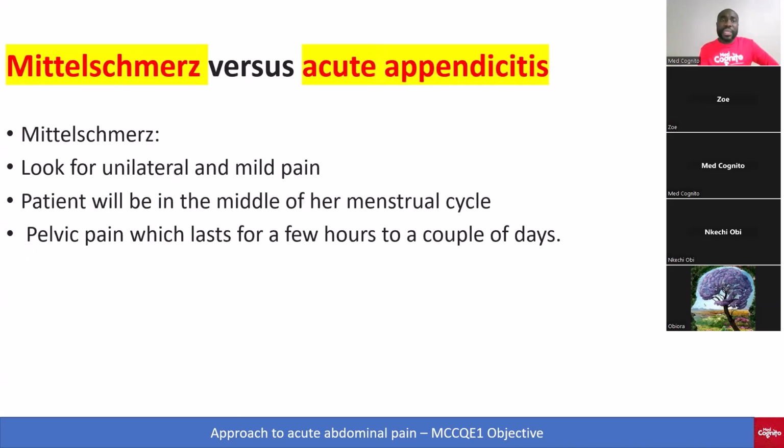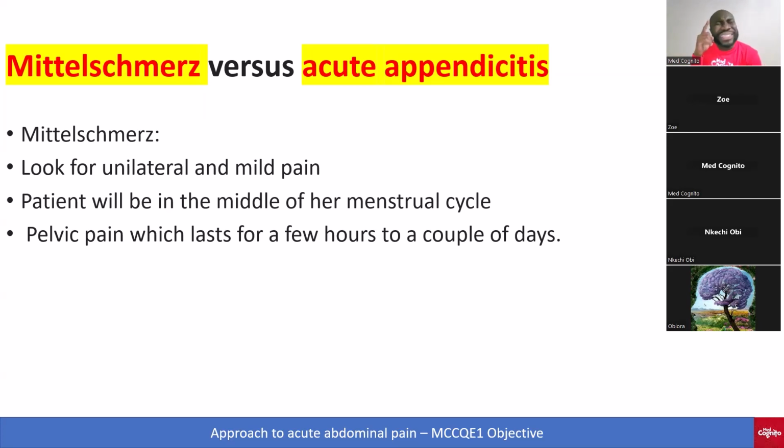Okay. Now, how will I be able to differentiate mittelschmerz? Mittelschmerz is basically pain during ovulation, which can mimic acute appendicitis. Because one ovary is on the right, one is on the left, right? How will I be able to tell that on a board exam? Usually in mittelschmerz, the pain is unilateral and mild.